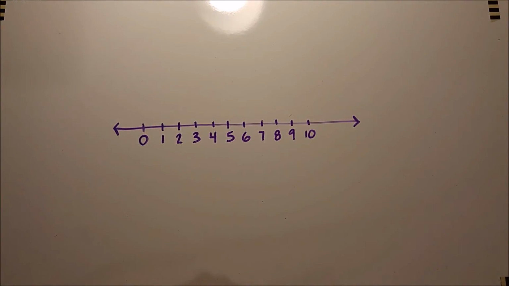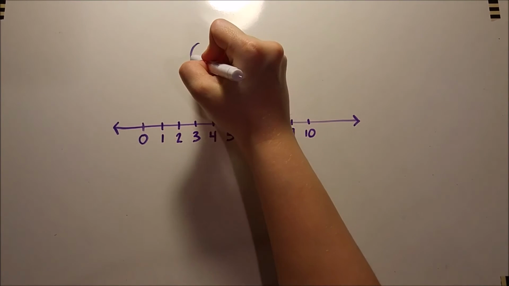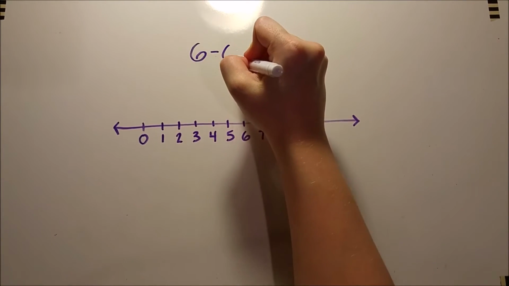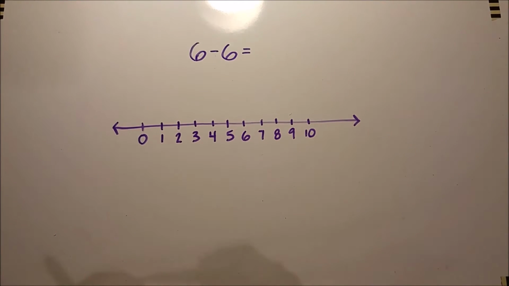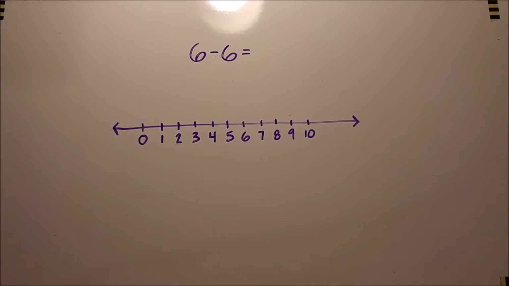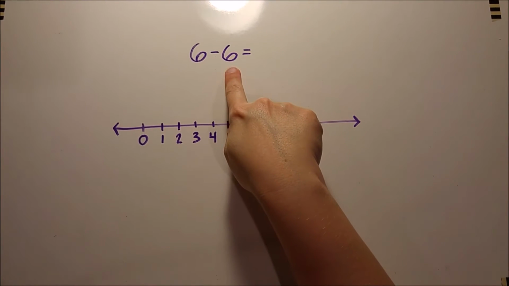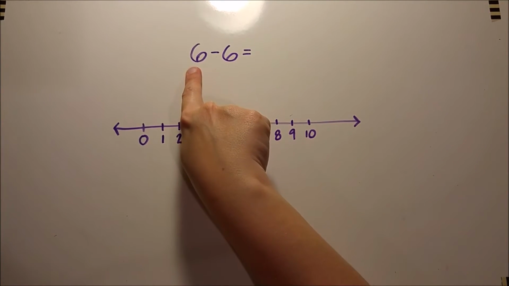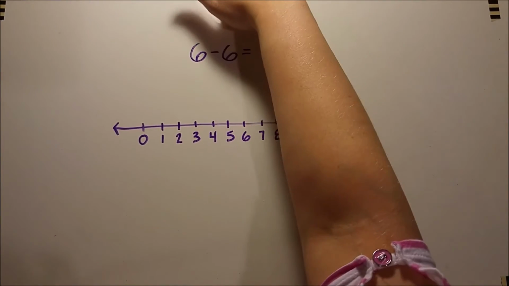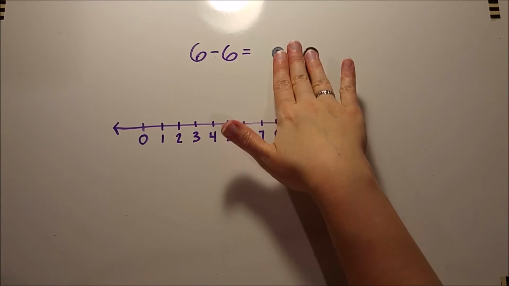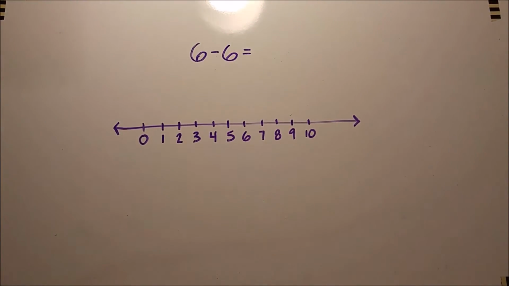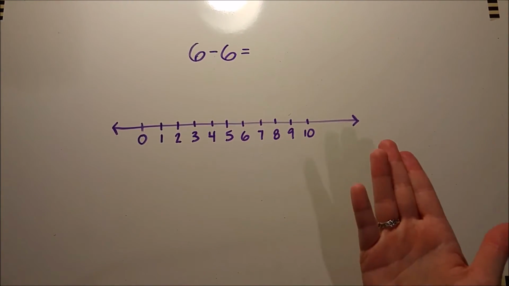What if I gave you 6 minus 6? Now really, we should look at that and know this is the same number as this. If I had my 6 buttons here, I'm going to be taking all 6 of them away again. So that leaves no more buttons.